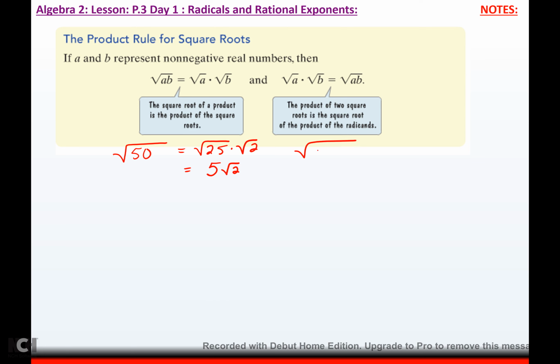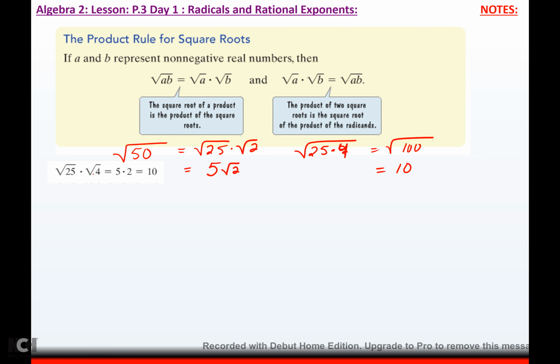Likewise, if I give you something like the square root of 25 times 2, or let's say 25 times 4, you could split it or you could multiply it first and then simplify it, and I'd get 10. In this example, I've got the square root of 25 times the square root of 4.